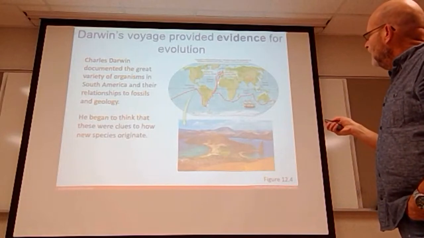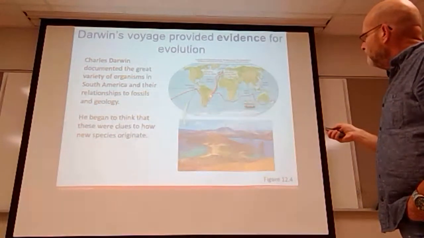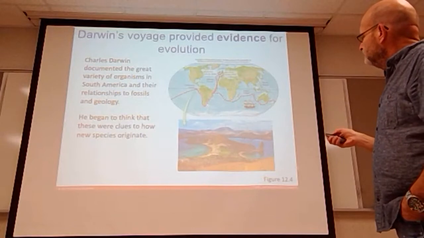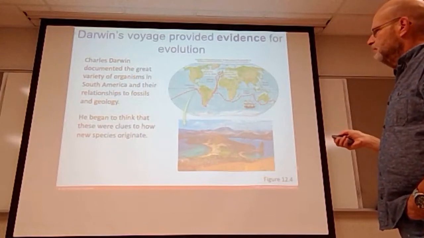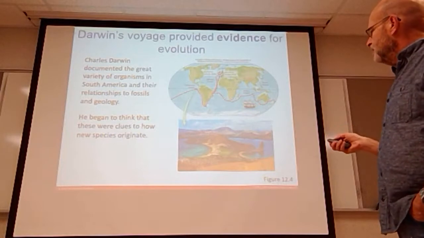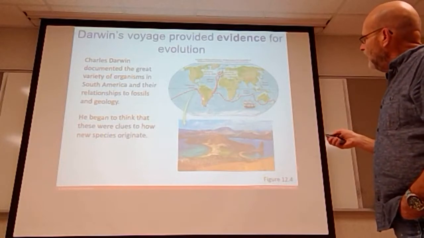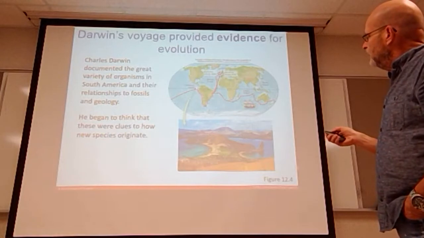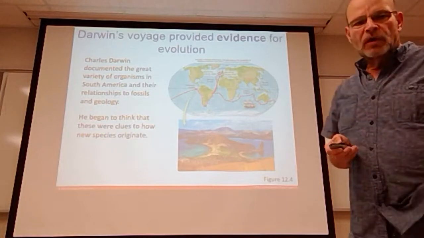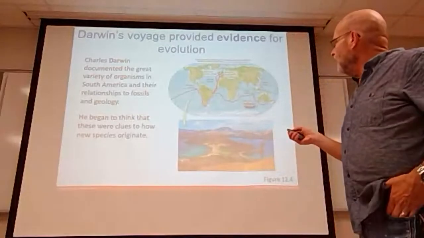It left London, came down the Atlantic, came down the coast of Africa over to South America, where it bounced along the coast of South America, made the circle down here at the southern tip of South America, called Tierra del Fuego. Then he started up the coast of South America. They jumped over here to the Galapagos Islands, where he spent several weeks looking at the uniqueness of these islands.